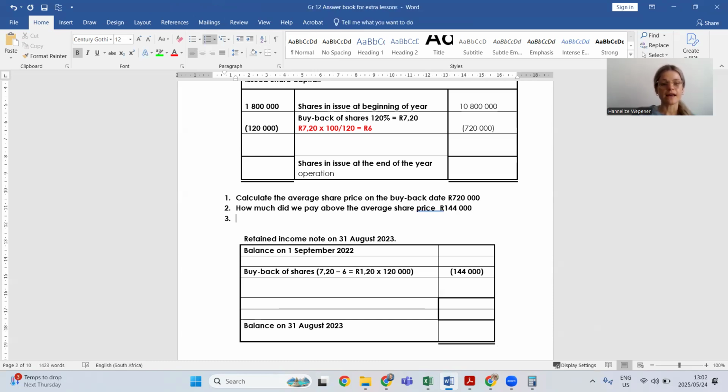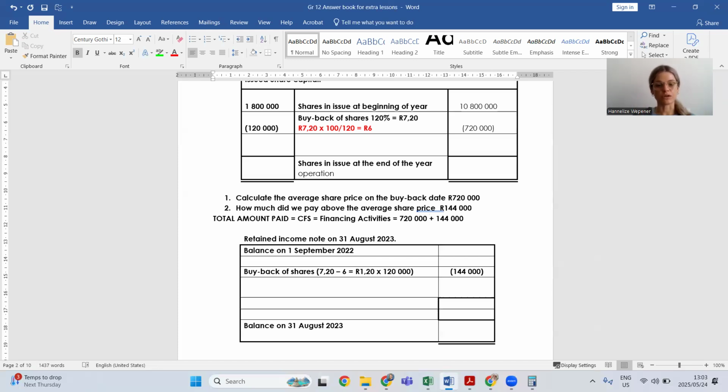In other words, the total amount paid that will go to my cash flow statement under my financing activities is the total, the 720 plus the 144, because I had to pay 720 cents for the buyback of these shares.